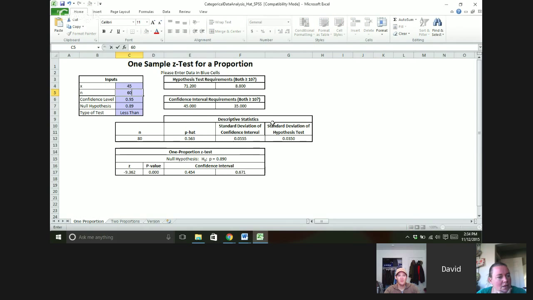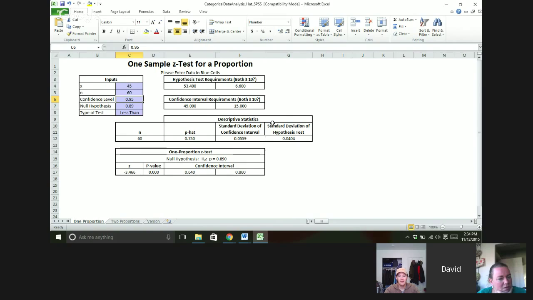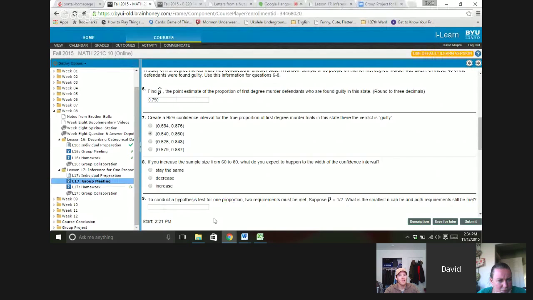Does that make sense? Or am I just blowing hot air? Well, I don't know, because I put in 80 instead of 60 for n on the inputs, and the confidence interval went down. I changed it to 500 and it's still the same, and then I put in 10 and it's still at 95%. Are you talking about the 0.95 under the confidence level? Yeah, that's the confidence level.